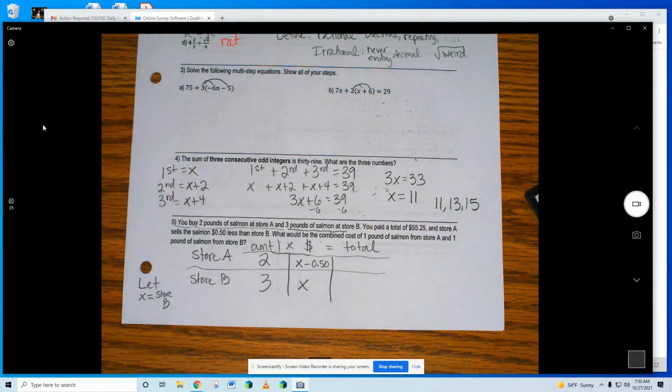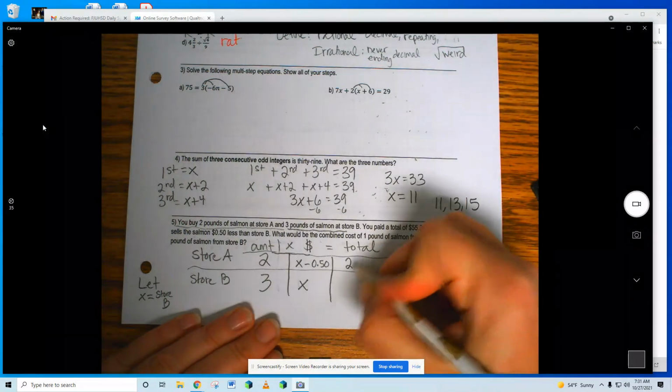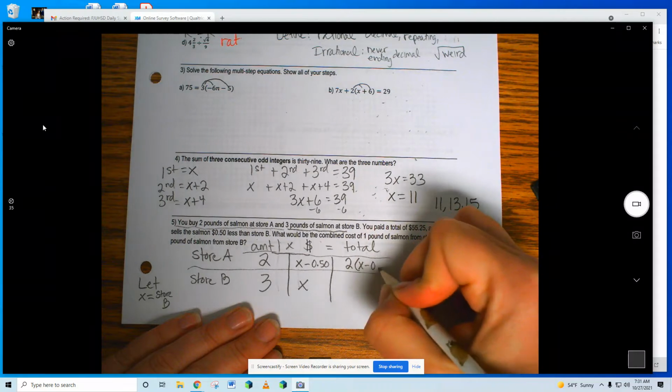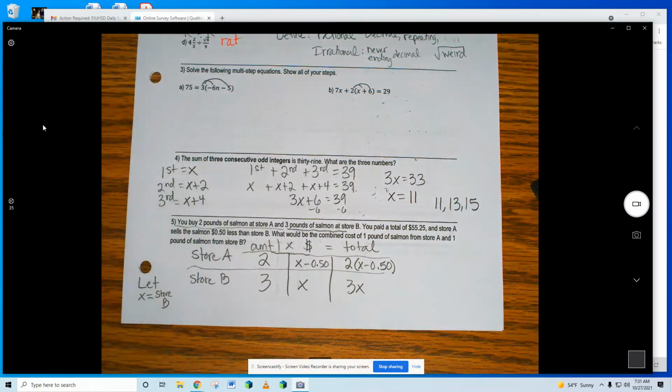So what's happening is I'm going to buy from store A and I'm going to buy from store B, and then I'm going to buy 5 pounds, which is $55.25. So I'm going to set this up where you just go straight across. 2 multiplied by X minus 50 cents and 3 multiplied by X equals a grand total of $55.25.